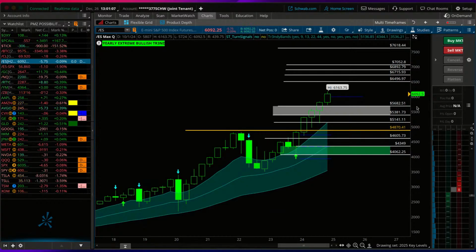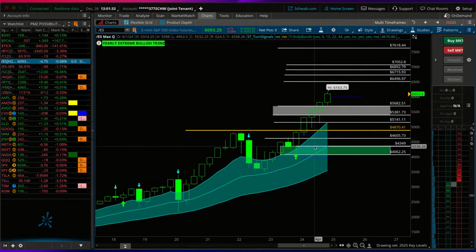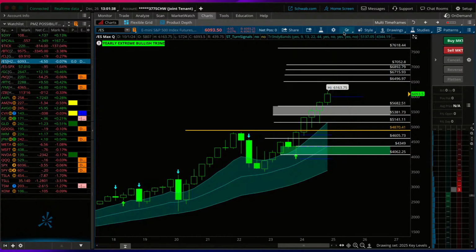So let's get started with the main chart that I pay the most attention to, and that is the S&P 500 futures chart. ES chart is a barometer for me for the overall market. And going into 2025, first, I want to point out that since we created demand on the quarterly chart, each one of these candles represent one quarter in the market.